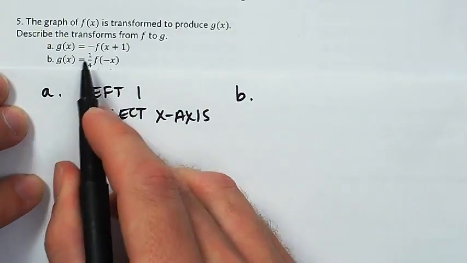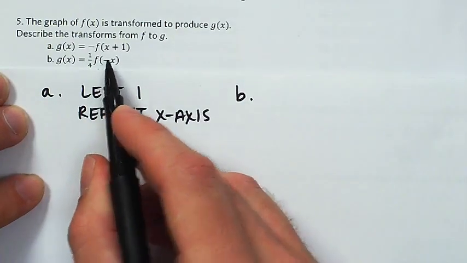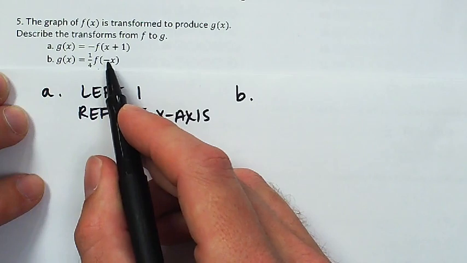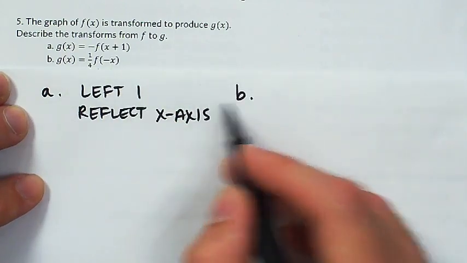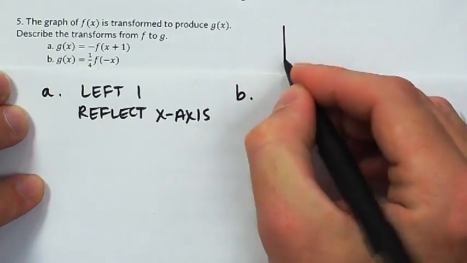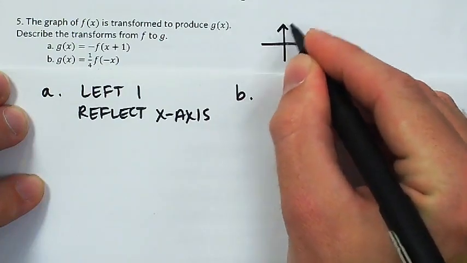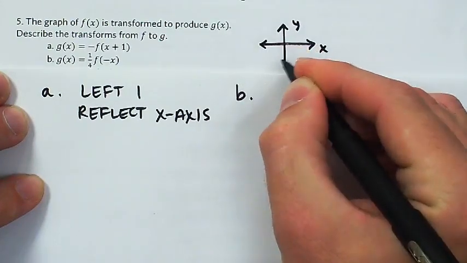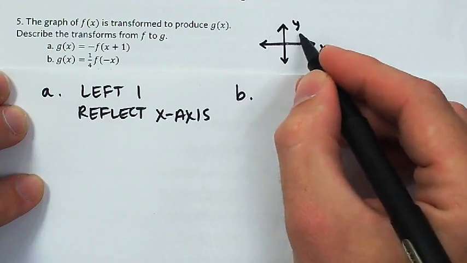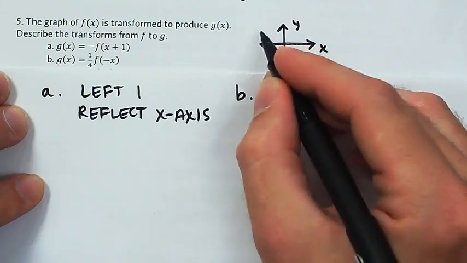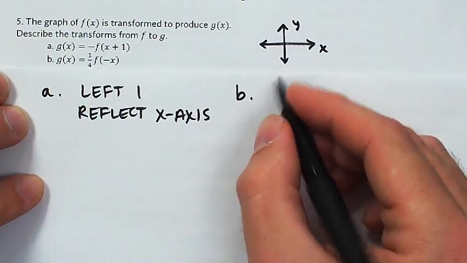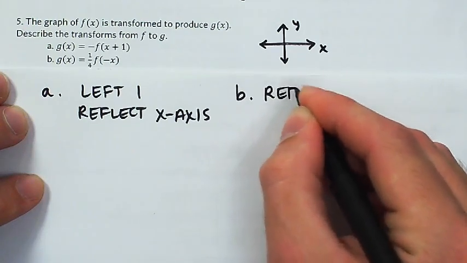B. Okay, I've got 1/4 of f of negative x. On the inside, that's going to be a horizontal transform. So I'm thinking about over here, if I did a horizontal reflection, that would be a reflection across the y-axis.